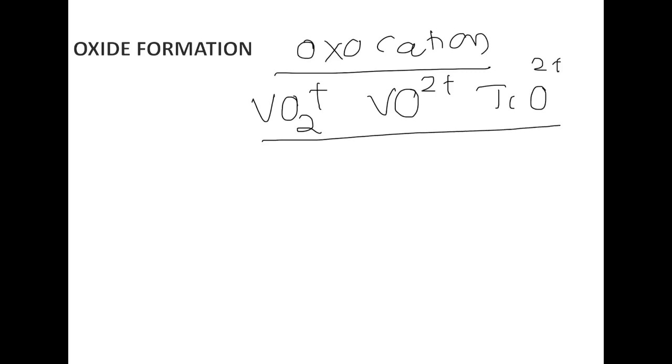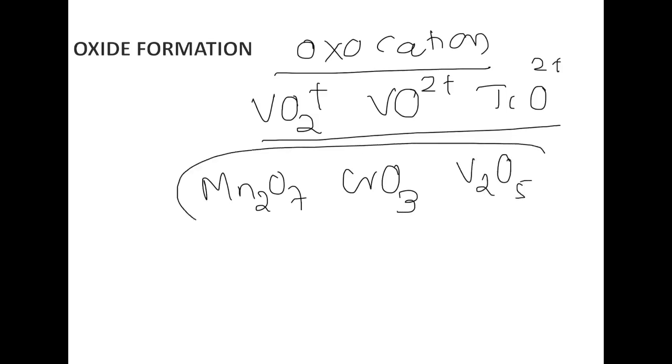Again, the higher oxides are usually covalent in nature, and the lower oxides are usually ionic in nature. As higher oxides are covalent in nature, for example Mn2O7, CrO3, vanadium pentoxide V2O5, they usually possess low melting points.